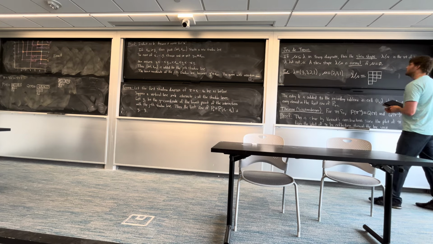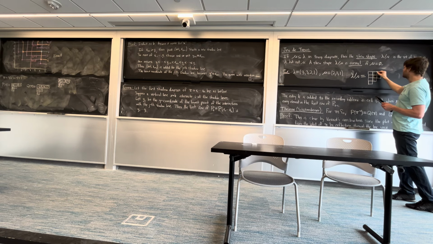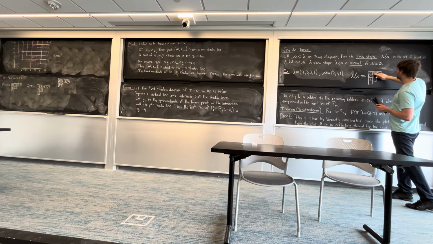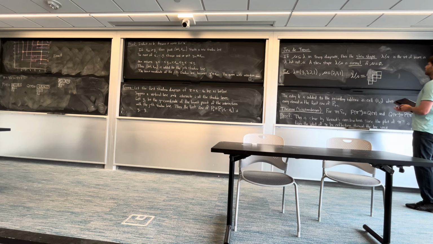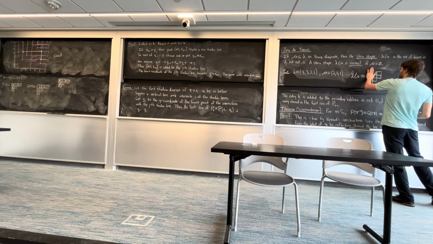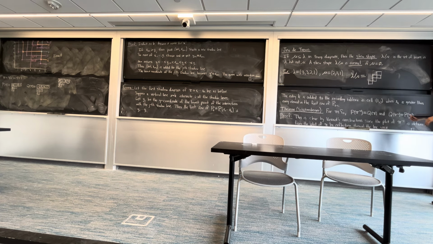But now I want to delete 2, 1, 1, which would be this part here. So I'm deleting these boxes. So I end up getting this. Okay, so this picture that I have left is my skew shape.